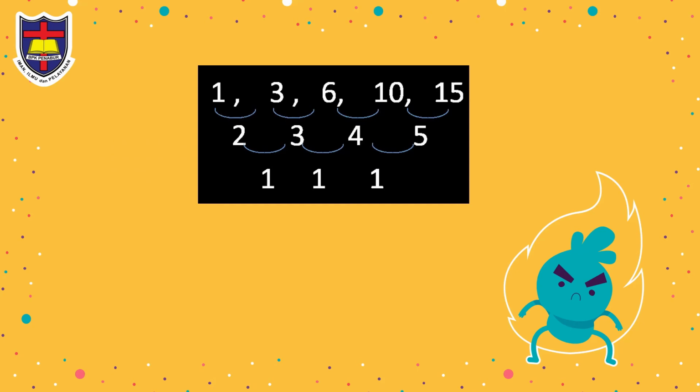So now we will see our example. 1, 3, 6, 10, 15. And then second row is 2, 3, 4, 5. And the last row or the third row is 1, 1, 1. So from this question, we must find the n-term formula. So how can we do it?